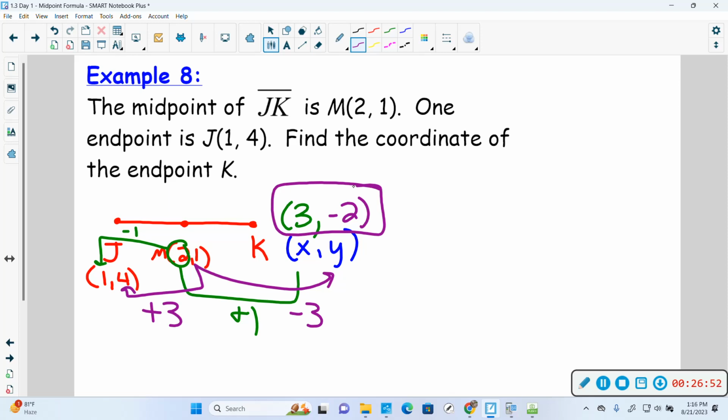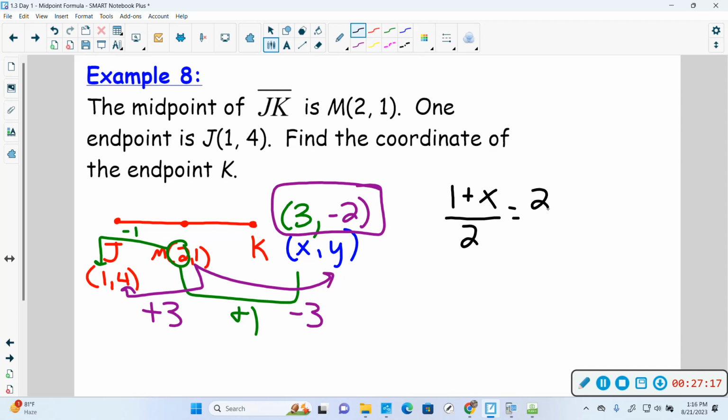Now just to show you, if you're like, oh gosh, I'm not going to remember that, that's so much, you can set up an equation if you want to get crazy. For instance, I could do x1 plus the x coordinate I don't know, over 2, and I know it's supposed to equal the middle. If you go through and solve this equation, you get 3, okay?